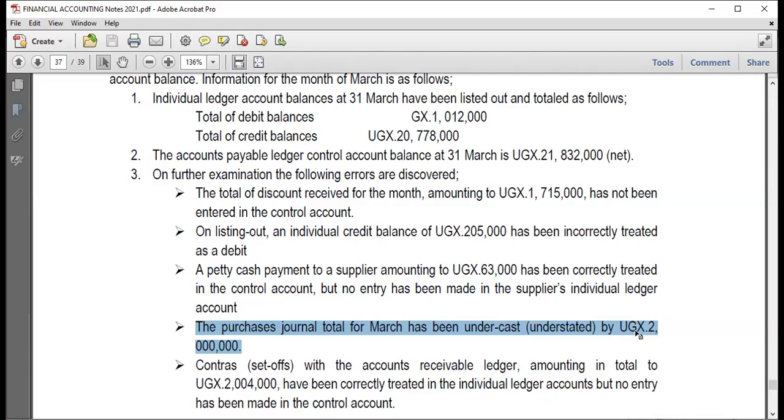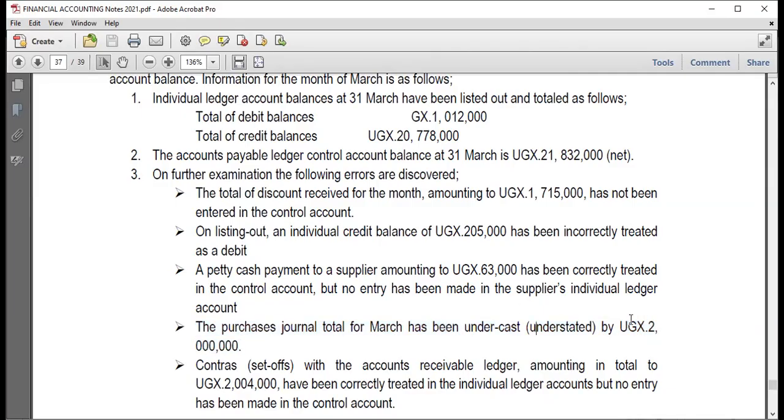A purchases journal records purchases on credit. If they were understated, it means that the value we have in our control account on the credit side is understated by 2 million.